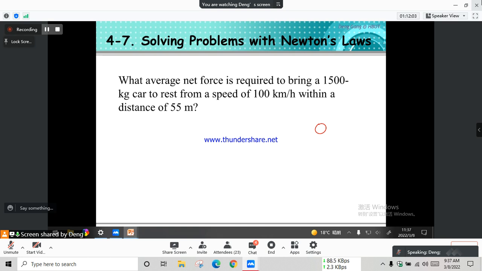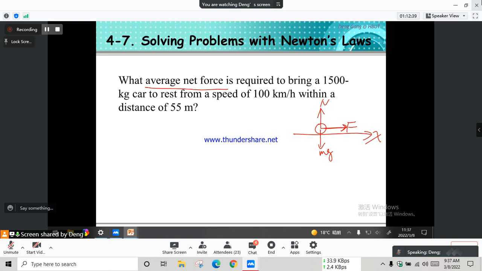This is maybe the x direction, and we need to apply a force in this direction, F. And maybe there will be a force mg in this direction and a normal force N, and they should be balanced, right? So we only need to consider the force in the x direction. That's what we are going to calculate, the average net force.